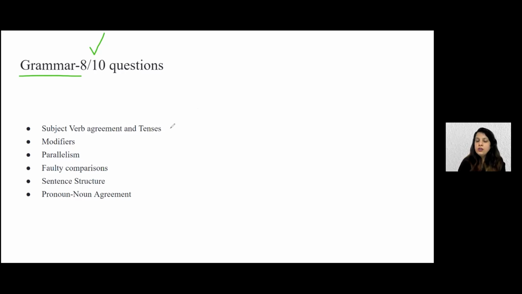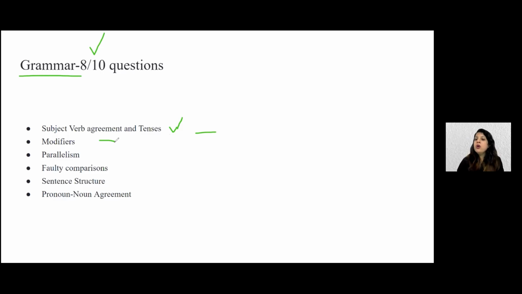So the only topics that you would be tested on your SAT would be subject verb agreement and tenses. That is one area under grammar that is frequently tested. Next commonly tested area would be modifiers. Now, when I say modifiers, it should ring a bell what exactly I mean. Modifiers would mean either my usage of adjectives correctly or my usage of adverbs correctly.